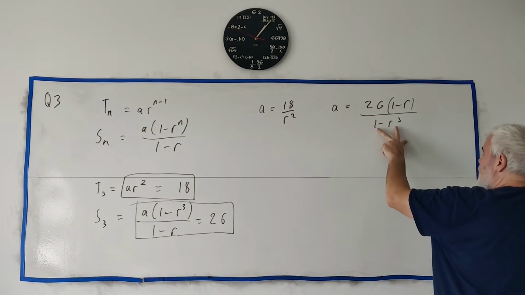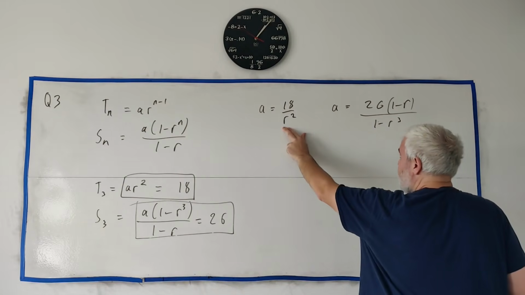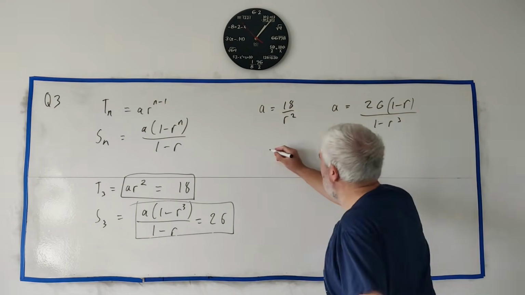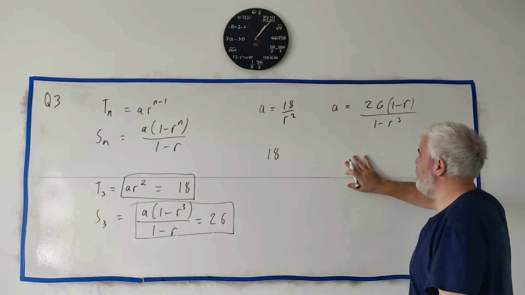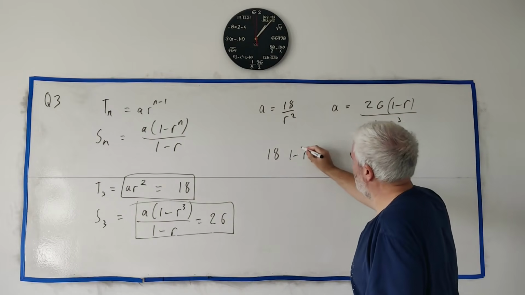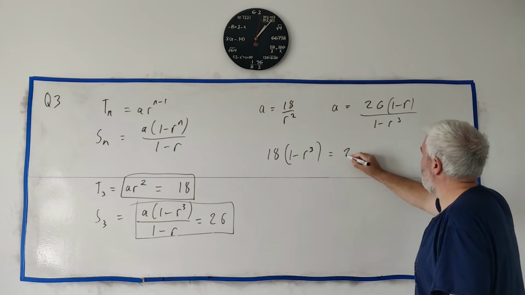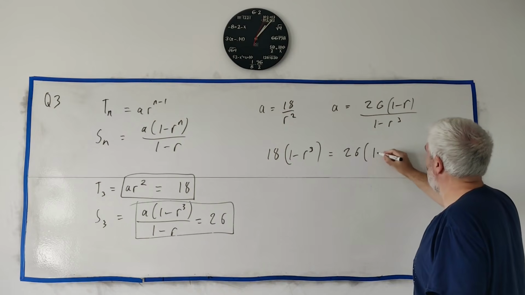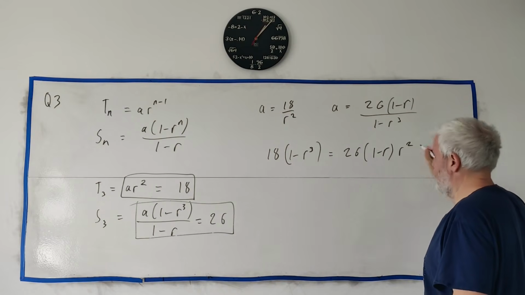Let's multiply both sides by this bottom row and this bottom row. So we'd get 18, sorry if I'm going fast, but again this is the wrong path to take. 18 multiplied by 1 minus r cubed is equal to 26 times 1 minus r times r squared.